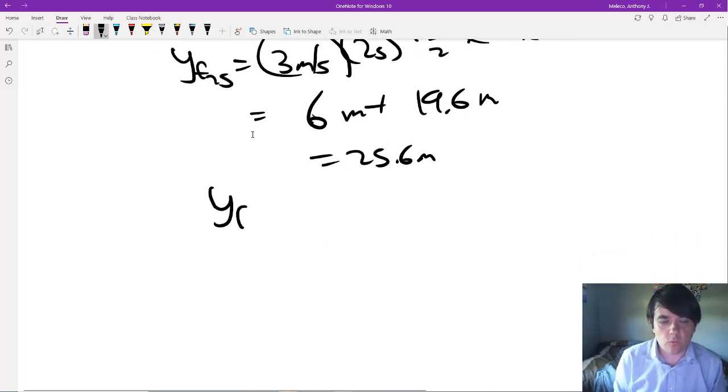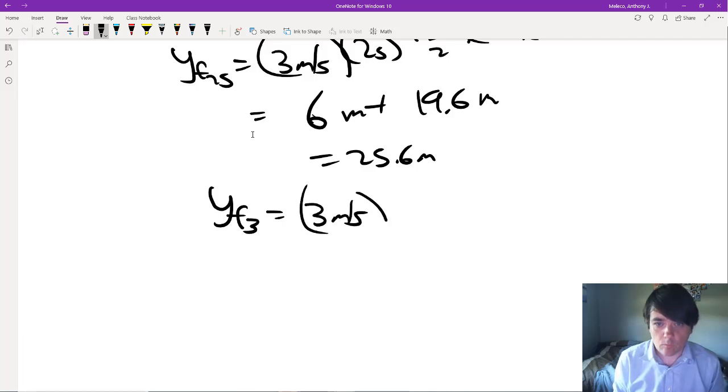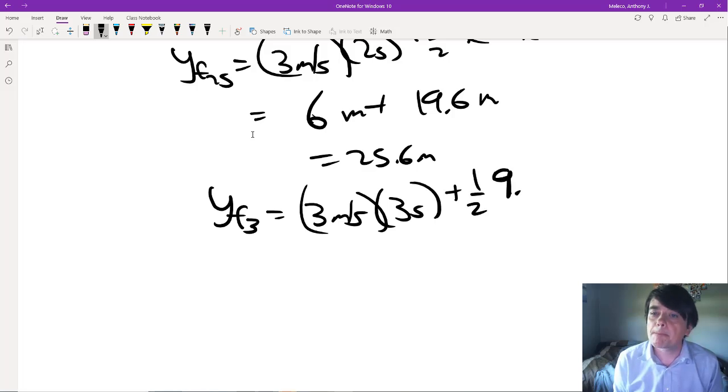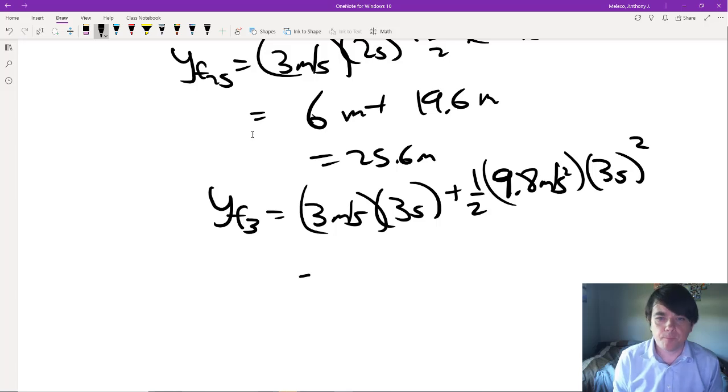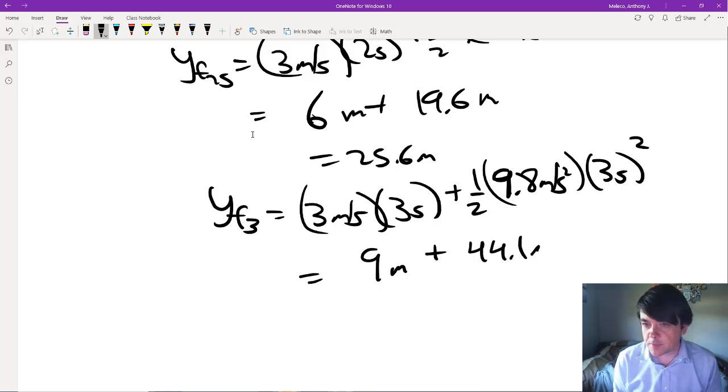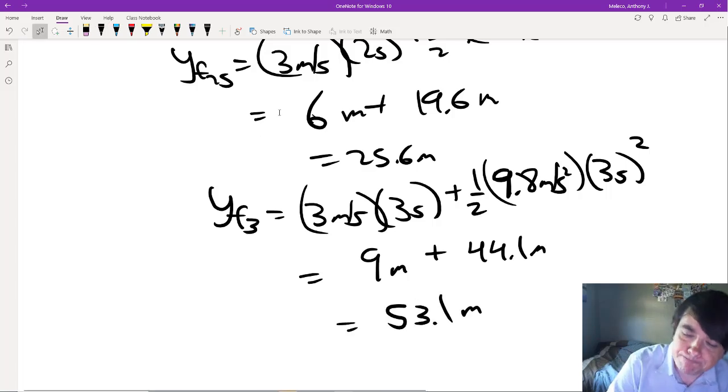And then we have our last one. Okay, so this is 9 plus our 44.1 meters, which totals 53.1 meters.